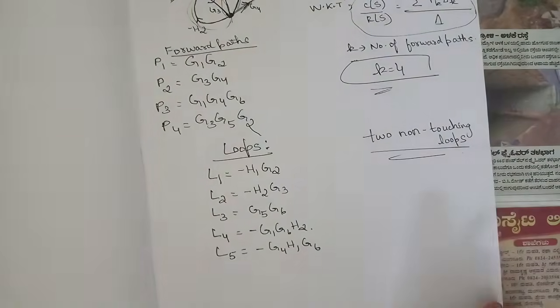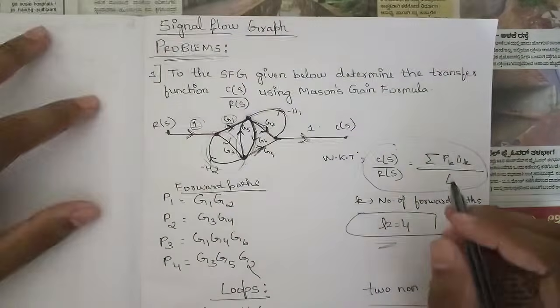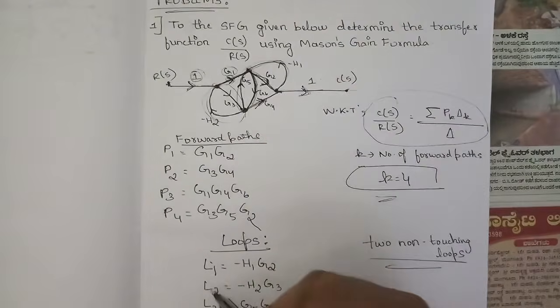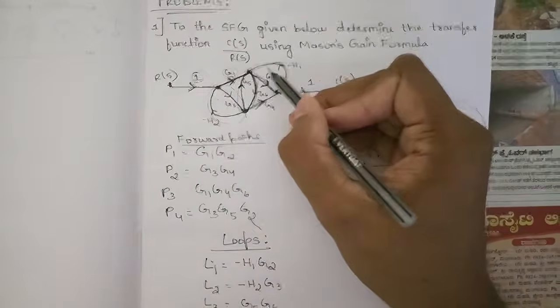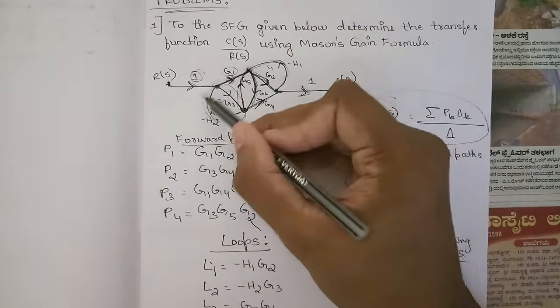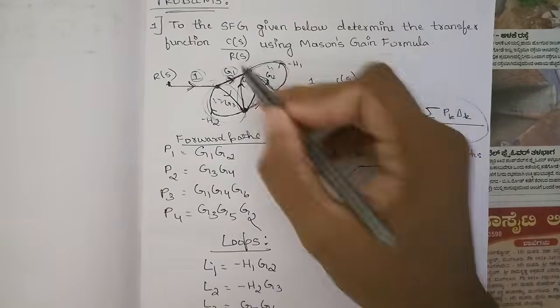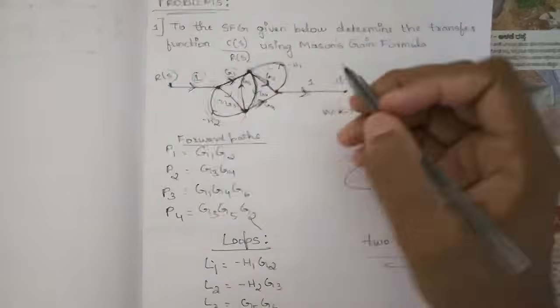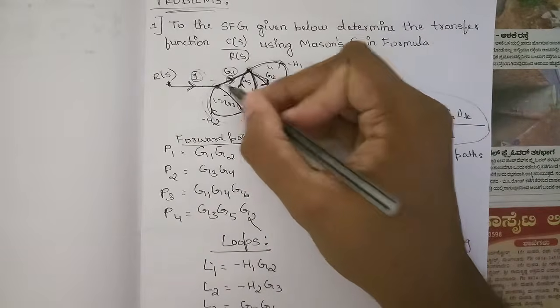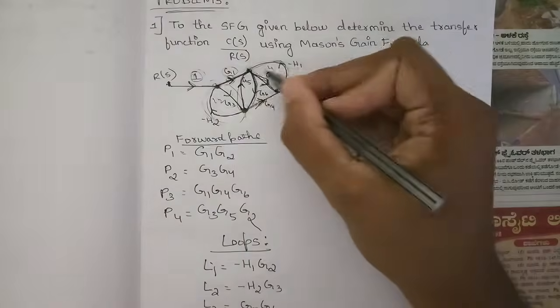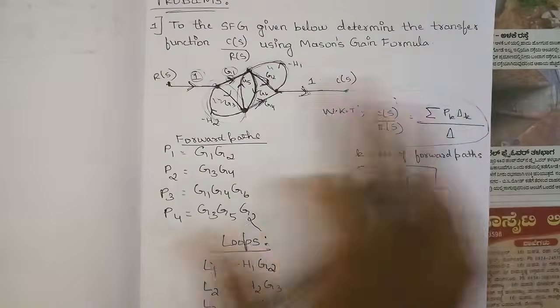So here as you can see that we have 2 loops, L1 and L2. This is the loop L1 and loop L2. We can see that they are placed at 2 different corners and those 2 loops are non-touching. For this loop we have separate 2 nodes, and for this loop we have separate 2 nodes, and these 2 loops are non-touching.